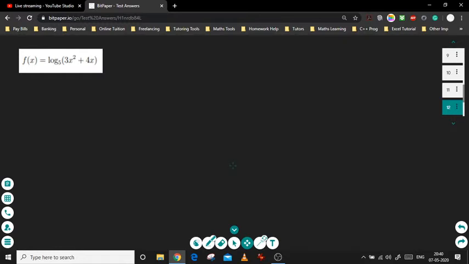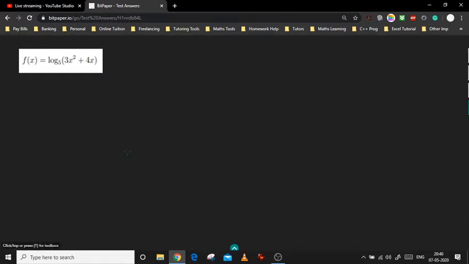Okay, so this one involves again log function, but here it is a little bit different. Okay, so if f of x is equal to log x base a, then f dash of x is equal to 1 by x natural logarithm of a.